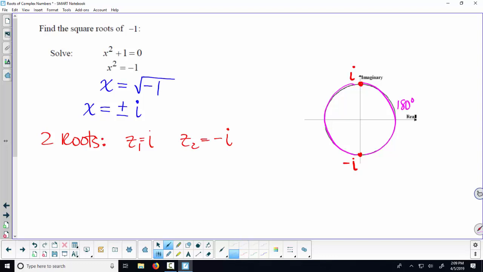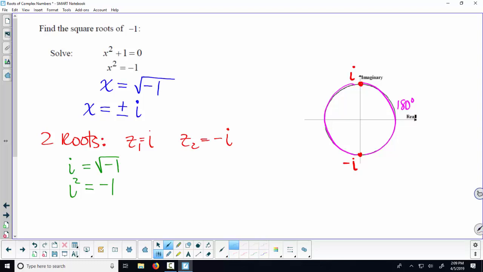Okay? Now, just to double check, let's think about what we know about i. We know that i is the square root of negative 1. We know then that i squared is just negative 1. So I can check that when I square i and negative i, I get negative 1.